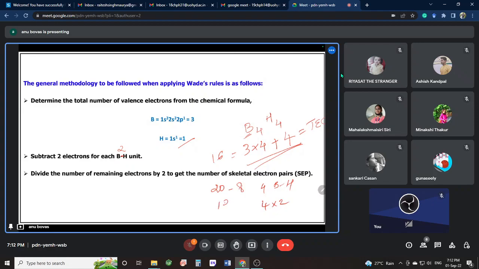So we will get 12. So 8 electrons are used for BH bond formation among the 20 electrons, and the remaining electrons will be used for cluster formation. Since we are looking for the structure, we should know how many electrons are used for formation of the cluster. And the number of electrons divided by 2 will give the number of skeletal electron pairs.